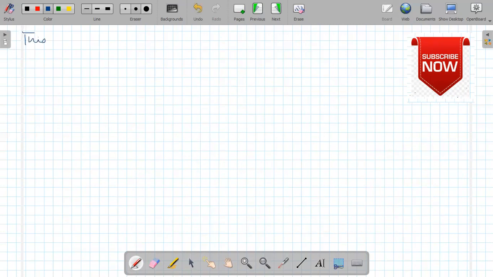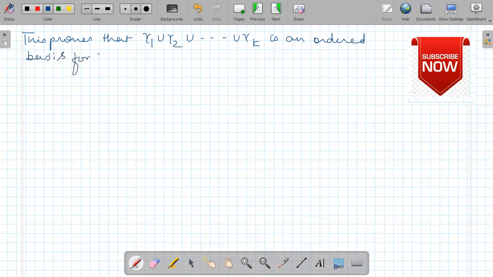This proves that gamma 1 union gamma 2 union gamma k is an ordered basis for V also. Okay.